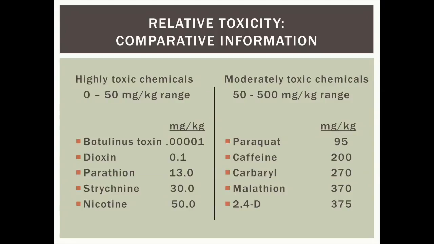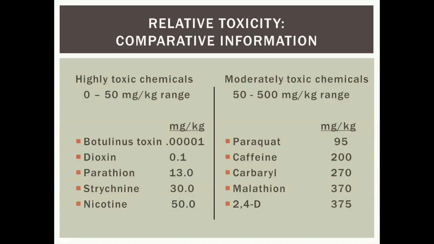Here are two columns for comparative reference. Highly toxic chemicals are in the 0 to 50 mg per kilogram range. This includes botulinus, dioxin, parathion, and so forth. However, moderately toxic chemicals are in the 50 mg per kilogram range. You might be surprised to see caffeine on the list.